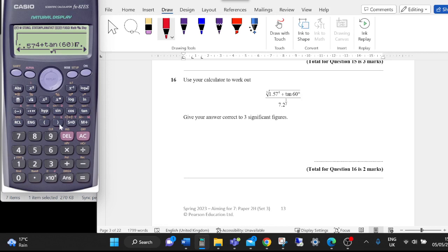Okay, so I typed that in the wrong place. Let's retype that. I pressed the fraction button but didn't type it in as the denominator. So 7.2 to the power of a half. So there we go.